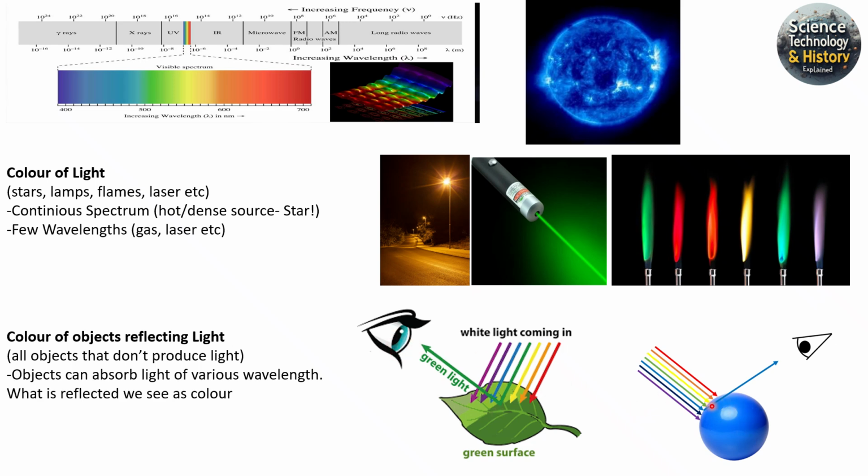If it's a blue ball, or a blue object, then it absorbs the red and reflects the blue, and what is reflected we see as color, but it's not the same thing as a lamp. With a lamp, what is emitted we see as color.